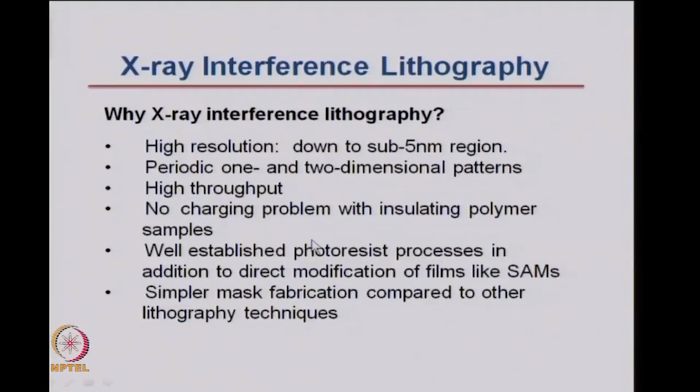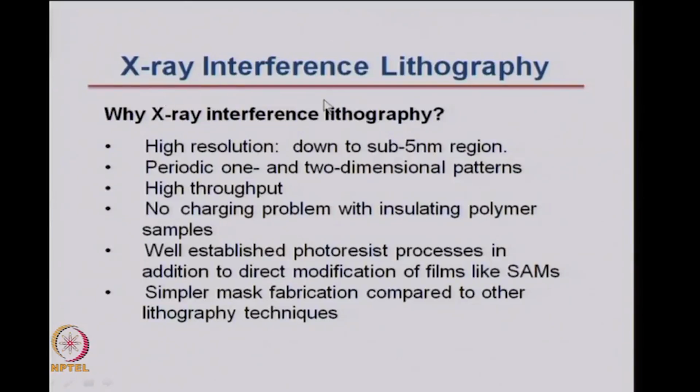There are no charging problems in this technique, and you can use other photoresist processes in addition to direct modification of films, such as SAMs, which are called self assembled monolayers, and the mask fabrication is much easier compared to other lithographic techniques.